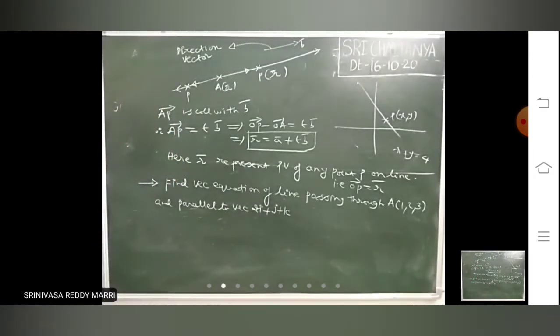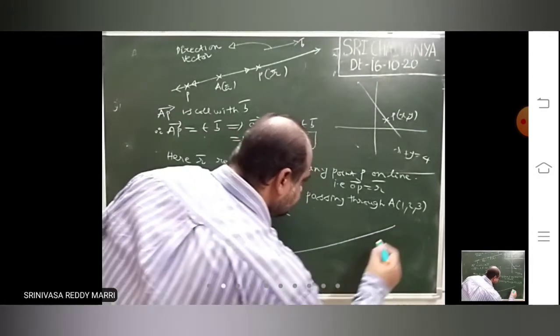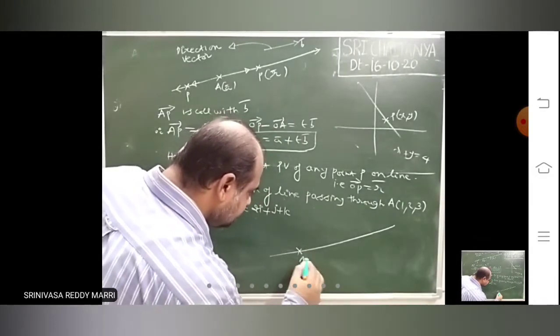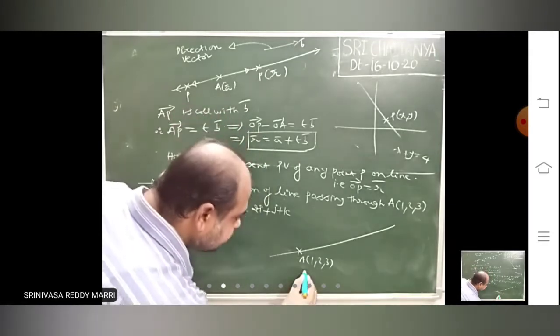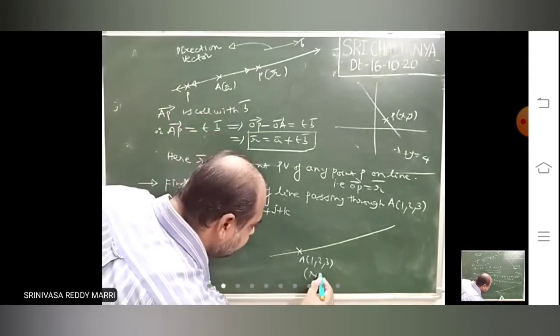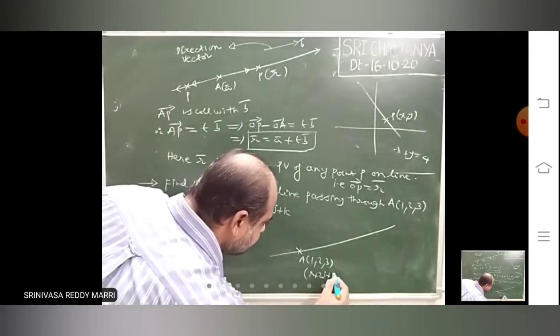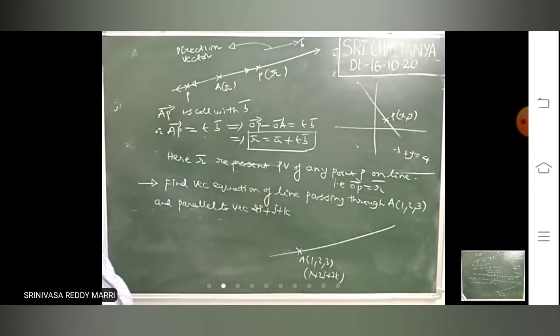Like this it is given. That means the line is passing through the given point. A point given means it is nothing but a position vector, i plus 2j plus 3k.